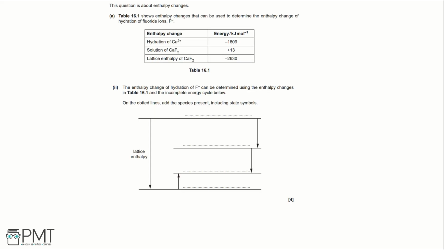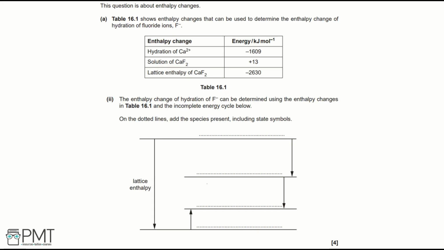Part 2. The enthalpy change of hydration of F- can be determined using the enthalpy changes in table 16.1 and the incomplete energy cycle below. On the dotted lines, add the species present, including state symbols. Let's begin by filling in the lattice enthalpy arrows. Lattice enthalpy is when a solid compound is formed from its gaseous ions.